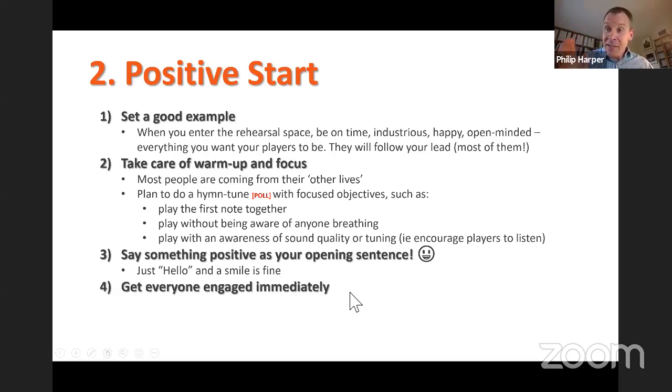And then to get to the last part of how I think you should be starting a rehearsal, it's really important that you get everyone engaged immediately. Everyone in the room has to feel that they are part of this rehearsal right from the word go. And I would say that means as a conductor, you need to consciously play whatever piece you're playing for at least 3 minutes without stopping.